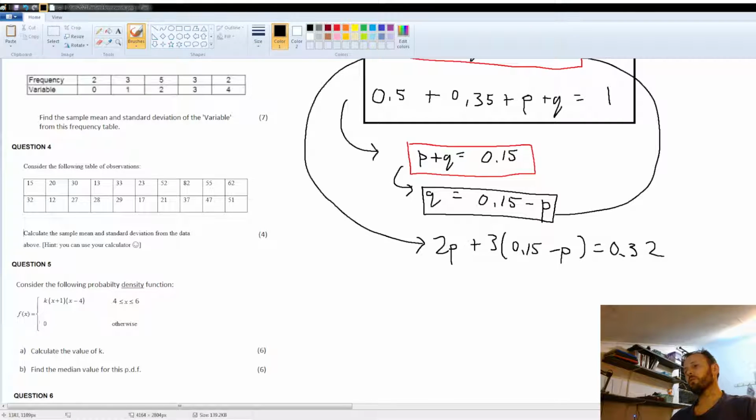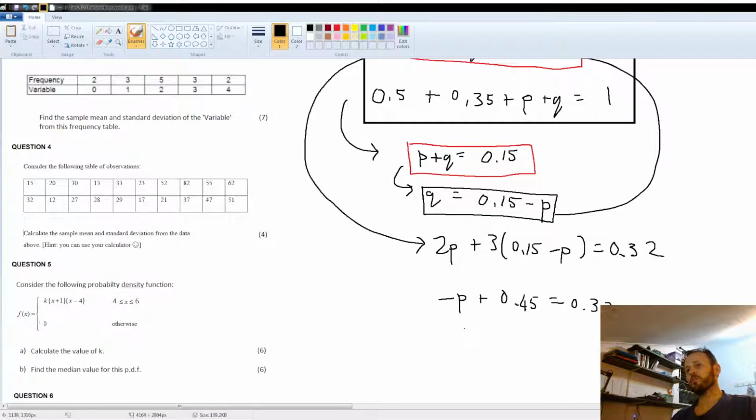Just by process of elimination, this gives you that, what are we going to get? We're going to get 2p minus 3p, so this is minus p plus 0.45 equals 0.32. I'm just going to solve this on my calculator quickly. 0.32 minus 0.45 is that. It's 2p minus 3p is minus p.